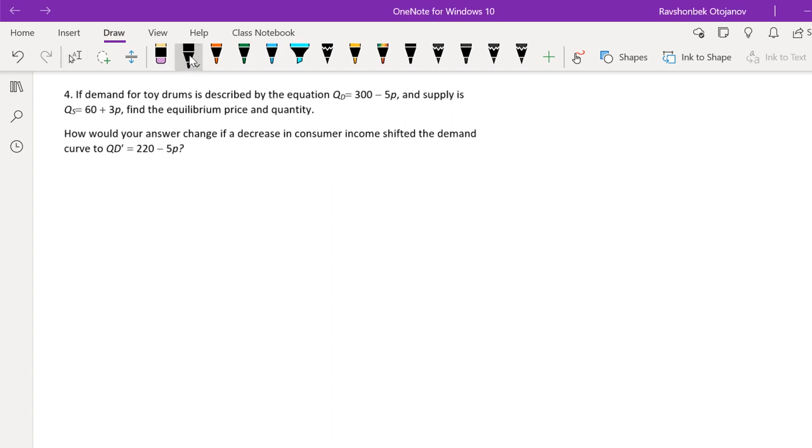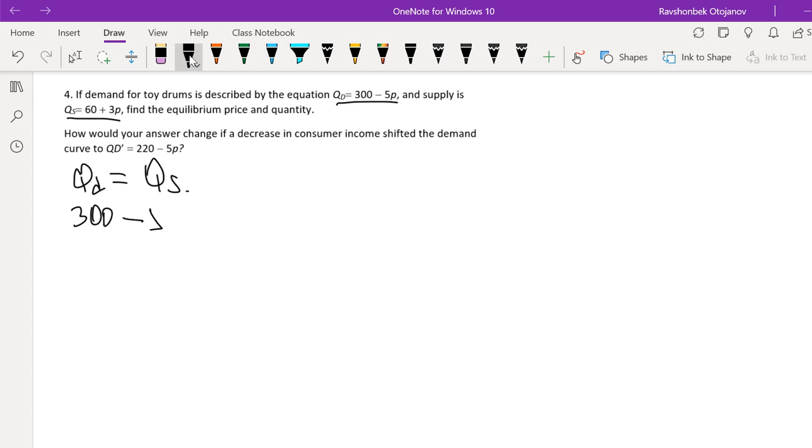Now this is question 4, or problem 4. If demand for toy drums is described by the equation and supply is given by this, find equilibrium price and quantity. Okay, so equilibrium is when quantity demanded equals quantity supplied, as before.